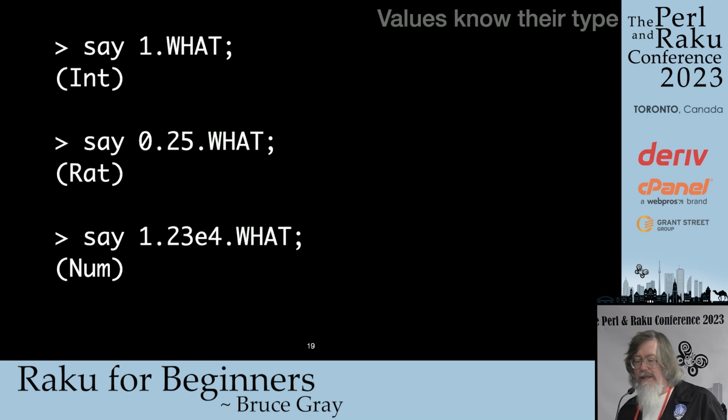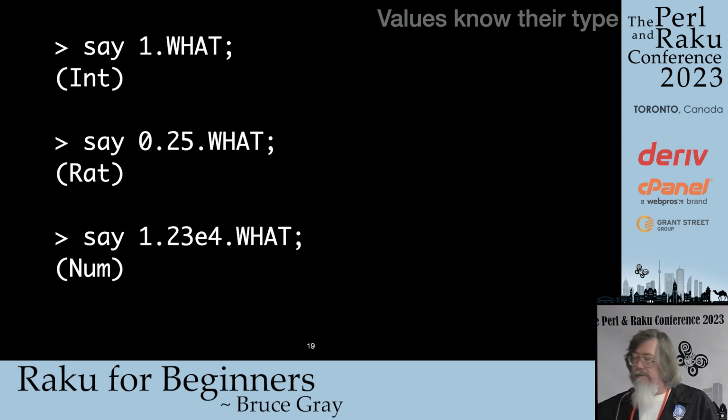You can discover what type a value is by using .what. We have all uppercase method names and things generally in Raku as an alert. Something funny's going on. Maybe this is something you shouldn't be doing. Maybe there's a better way to do it. In this case, if we're just doing inspection, our curiosity, perfectly fine.